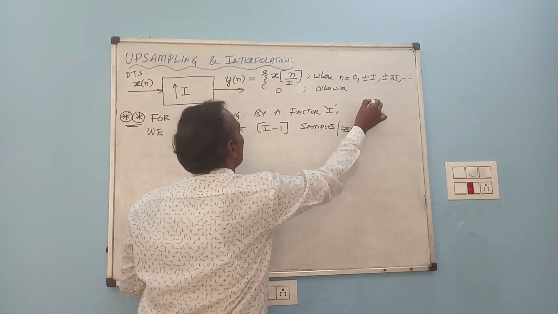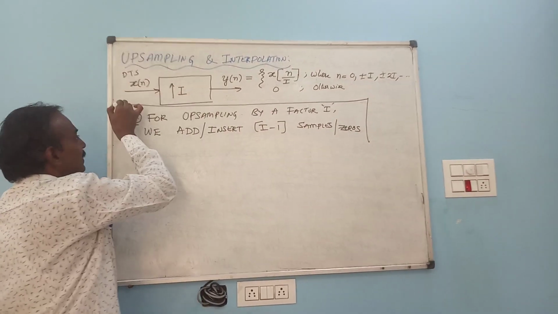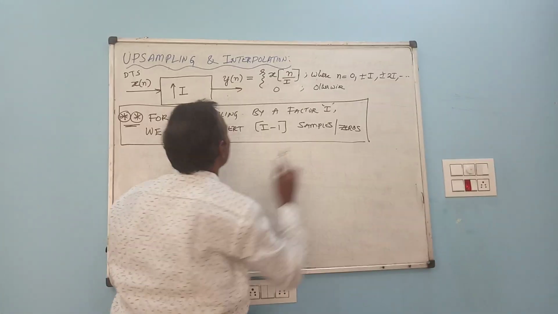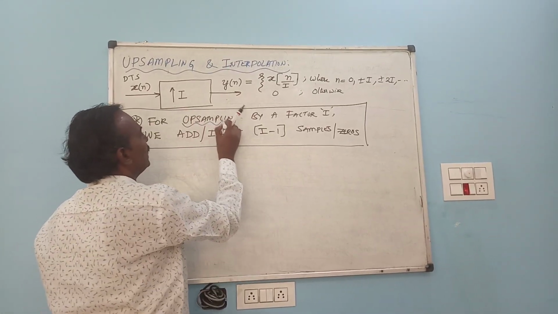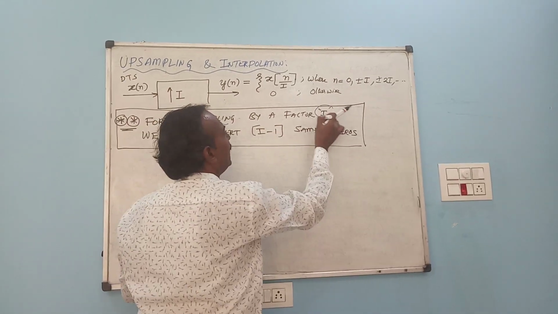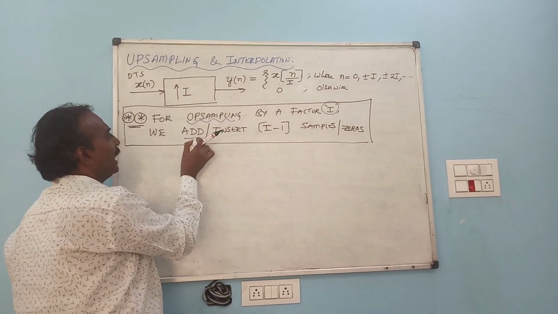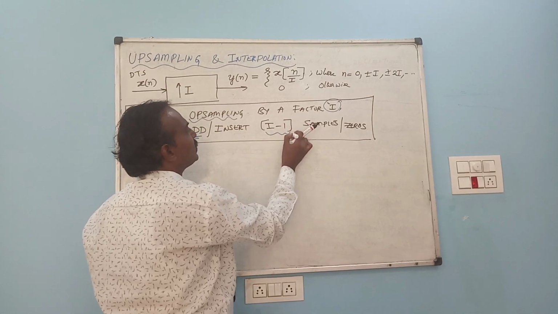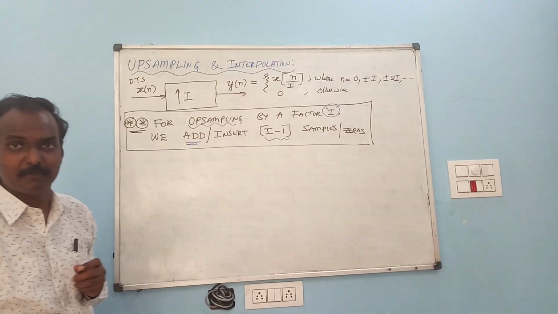So this is the bullet point that we need to understand. For upsampling by a factor I, we need to add I minus 1 samples which are zeros, right?